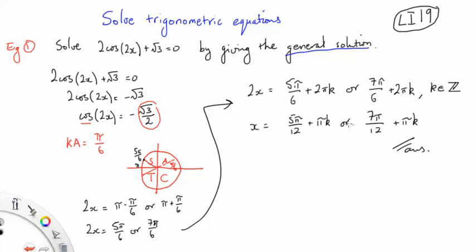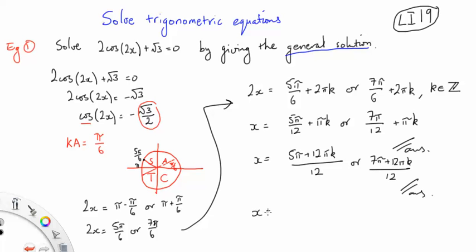You should also be comfortable with making the denominators the same, so you should be fine with 5 pi plus 12 pi k over 12, or 7 pi plus 12 pi k over 12. So what I've done there is I've multiplied the top and bottom by 12 and added those two fractions. So that should look okay too. Could be factorized.